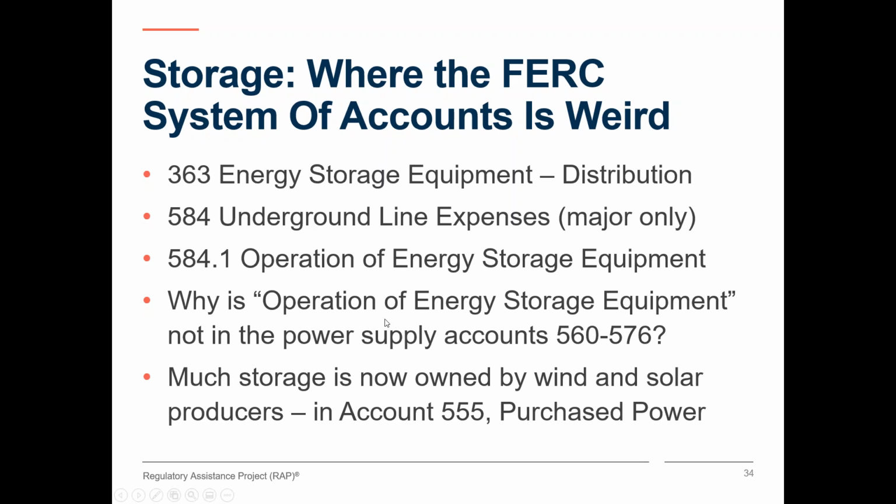Accounting for storage is a real doozy of a challenge for accountants, and therefore also for those of us doing cost allocation studies. The current FERC accounts, 363 and 584.1, are those that are designated for storage costs.